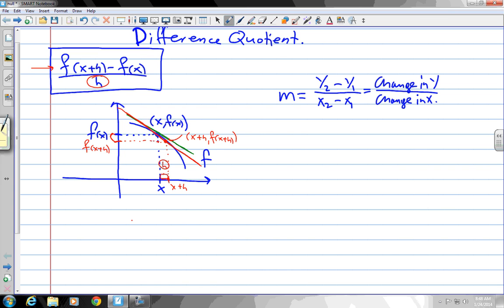The smaller you make your h, the smaller the distance becomes between x and x plus h, so the closer the secant line gets to a tangent line. So you start approximating the slope of a tangent line by taking a bunch of secant lines and see what you get. So eventually, h will be virtually 0.